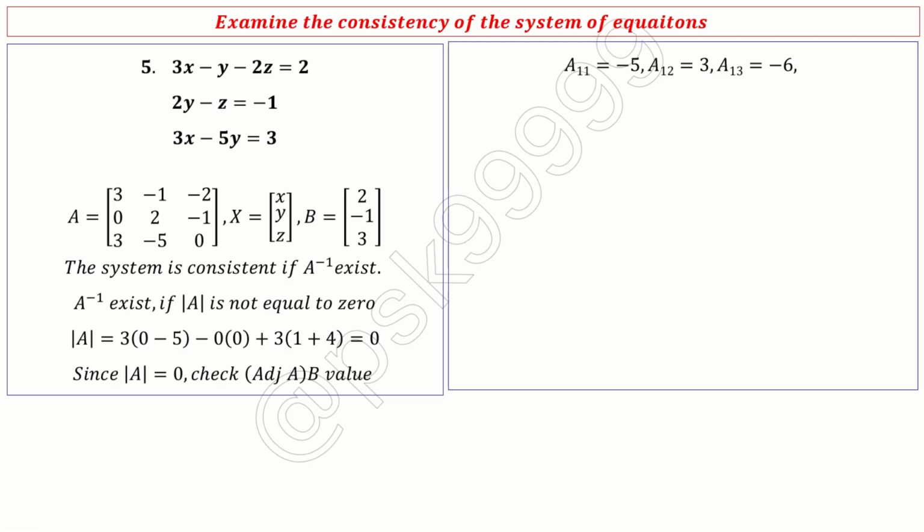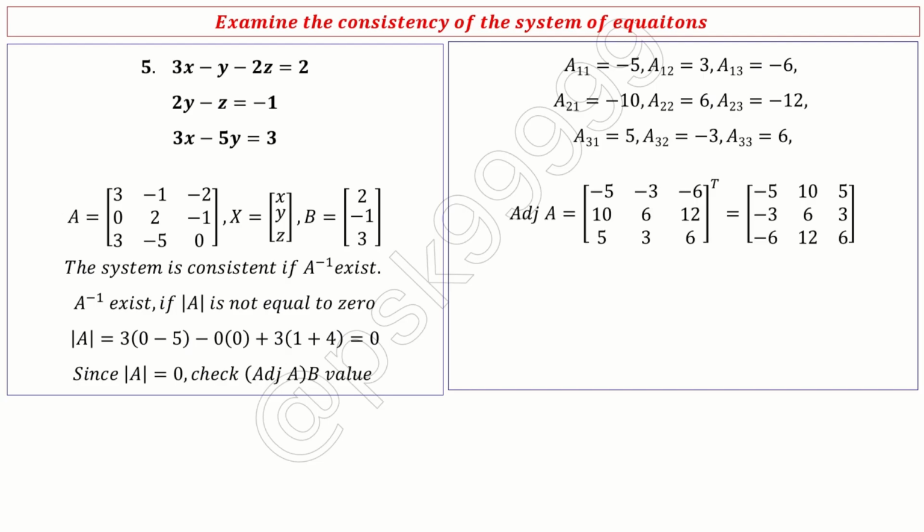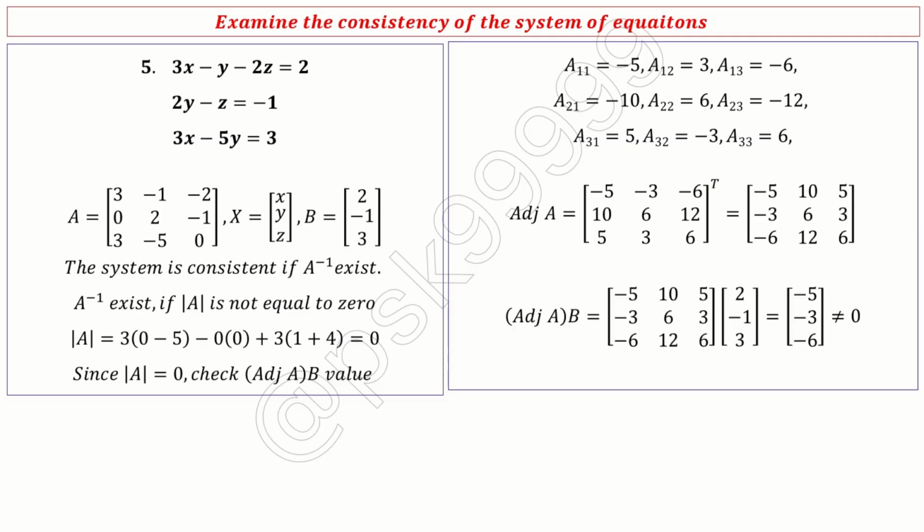But you can find out your adjoint of A into B. So cofactors, then adjoint of A is the transposition of cofactor matrix. Then adjoint of A into B, which is minus 5, minus 3, minus 6, which is not equal to 0. So this is inconsistent. Next.